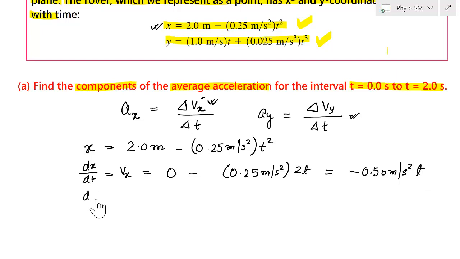Similarly, I can calculate the velocity in the Y direction, dy by dt, which equals Vy.